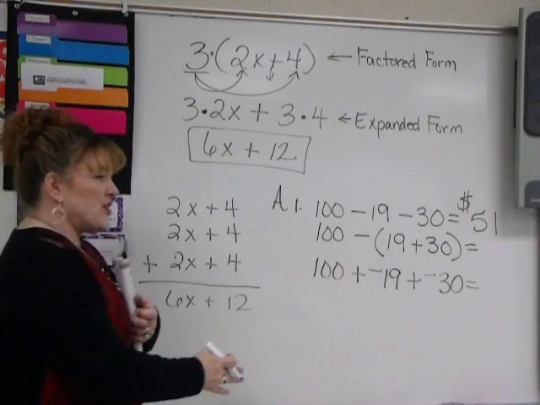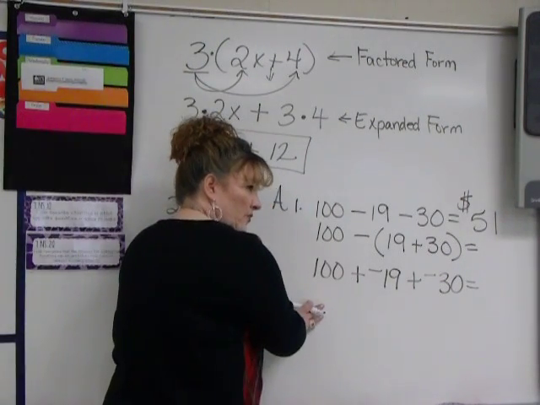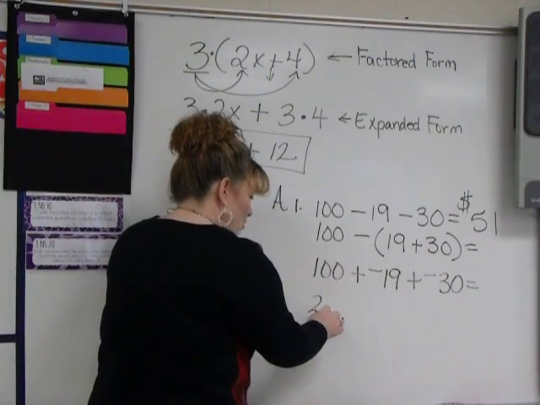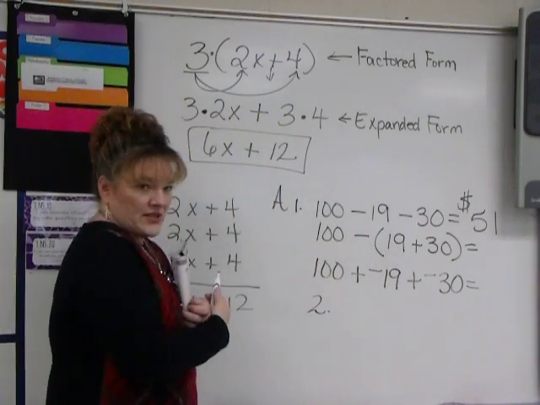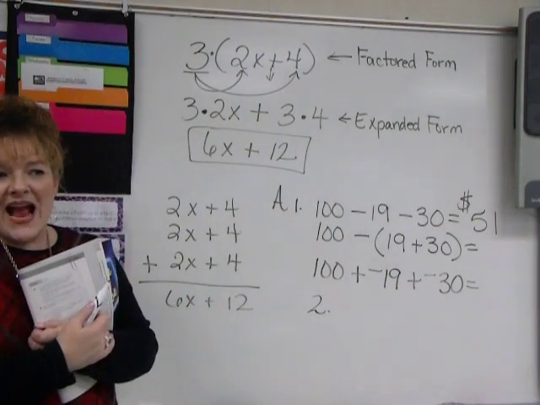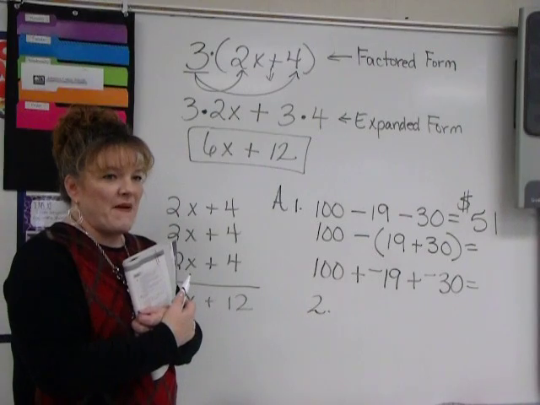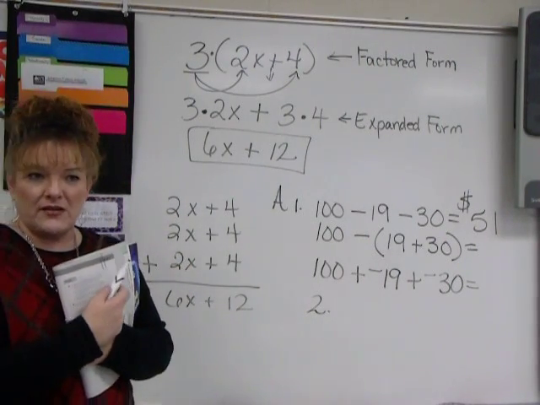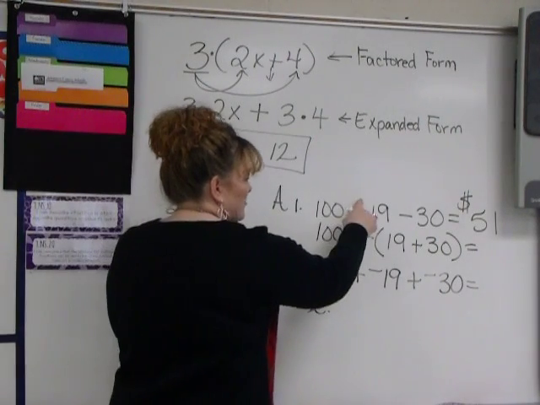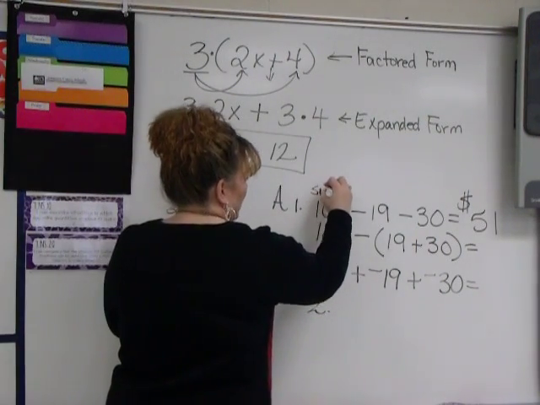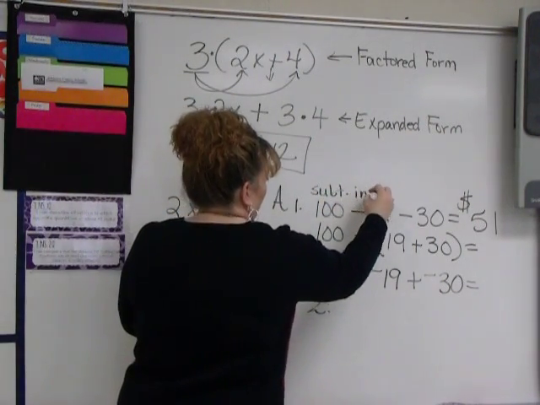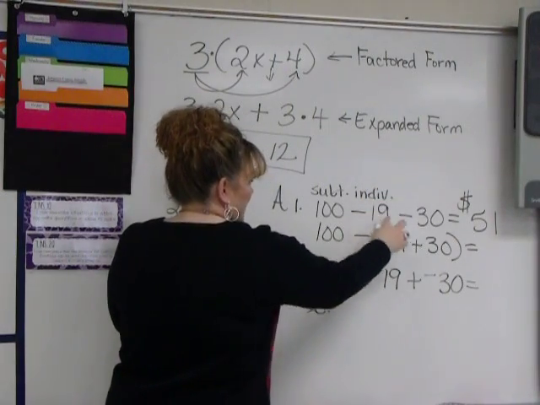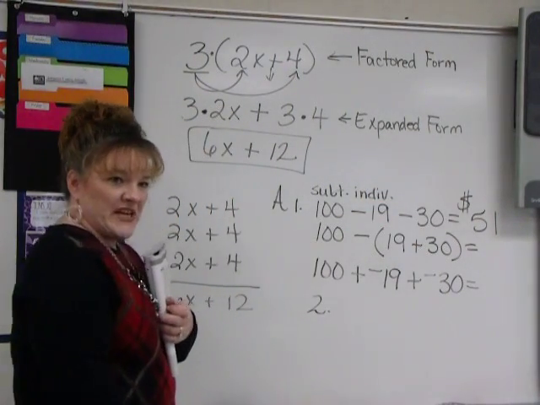Now, number 2 wanted to know how your two were different. So all you had to do was write a statement about how the two number sentences that you wrote were different. This one subtracted them out individually. It subtracted each one out individually.